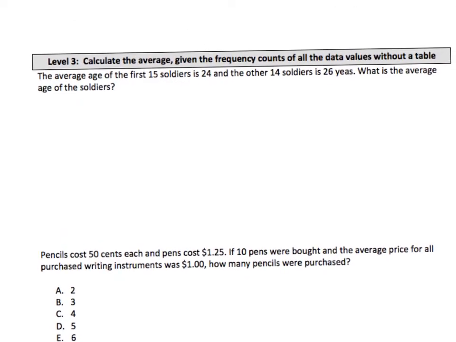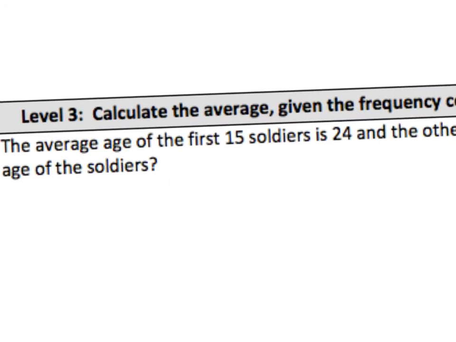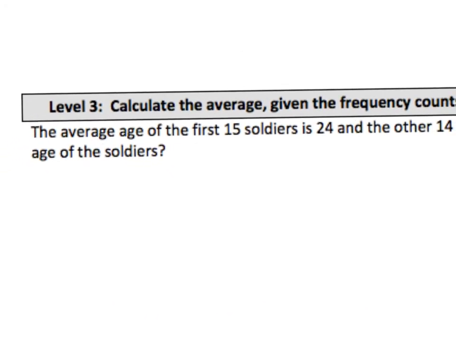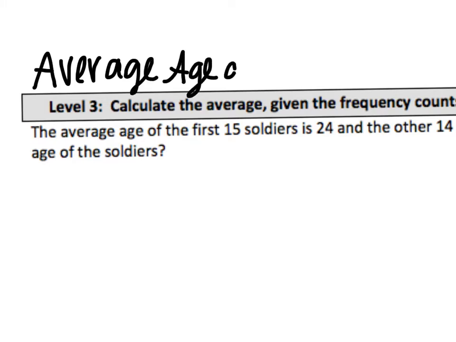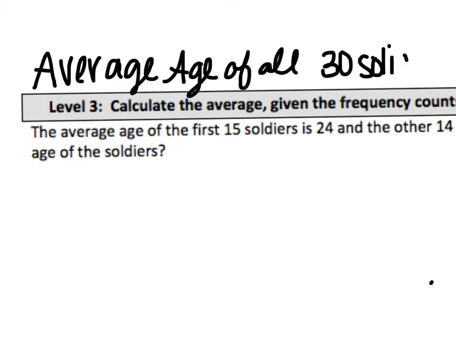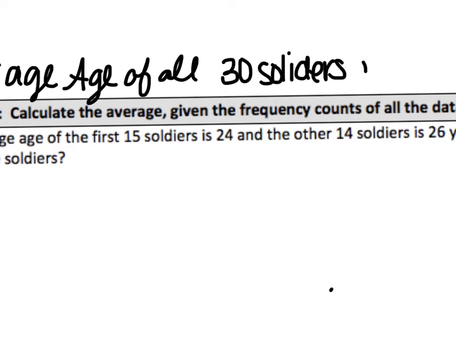So we're going to keep the first sentence. It says the average age of the first 15 soldiers is 24. The other 14 is 26. What you need to add is that the average age of all 30 soldiers is 25.